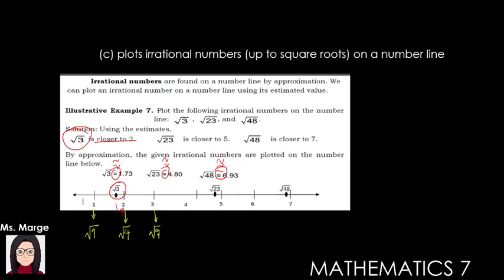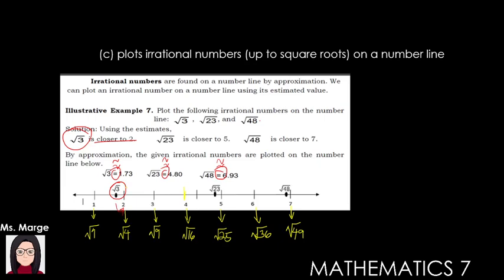Square root of 9 is equal to 3. 4 is equal to square root of 16, and square root of 16 is equal to 4. And yung 5 dito actually is square root of 25, and yung 6, square root of 36. Kahit i-check sa calculator, square root of 36 is equal to 6. And yung 7 dito is square root of 49. 7 times 7 is 49.